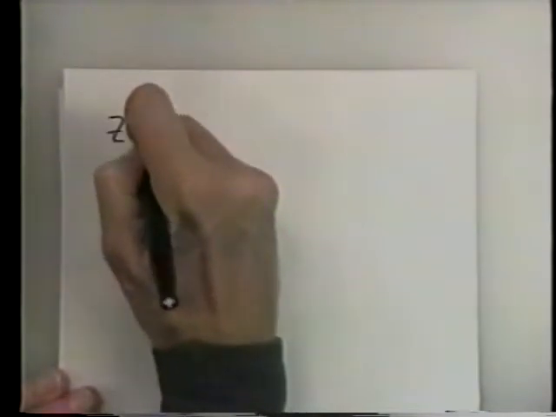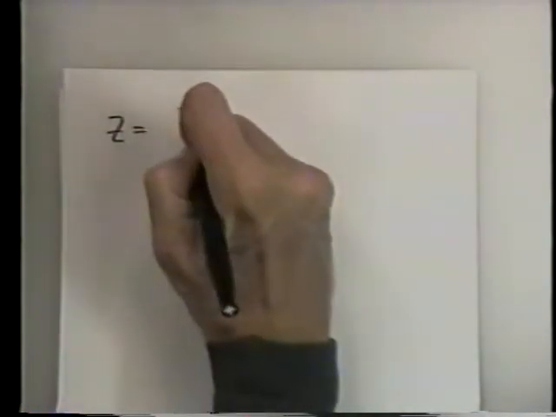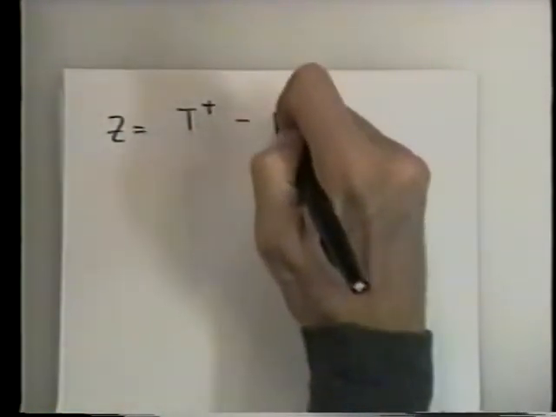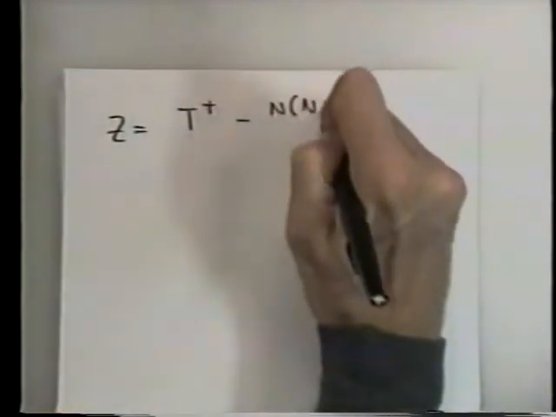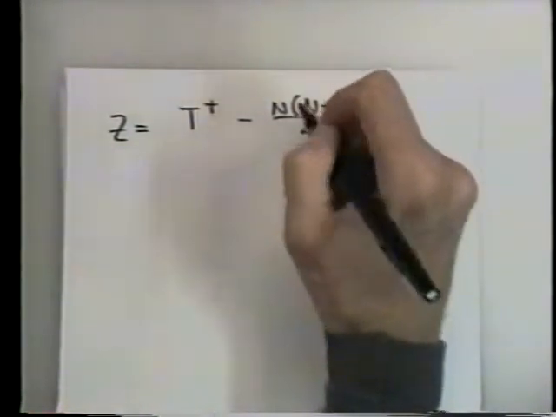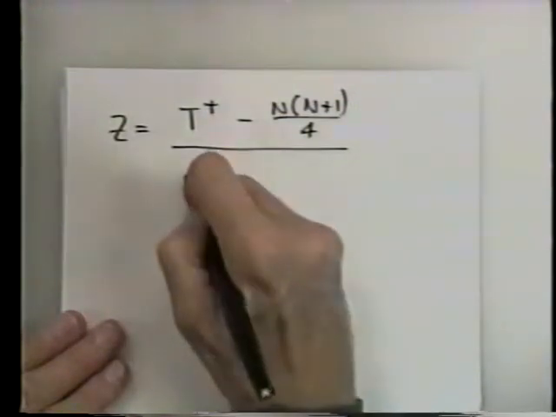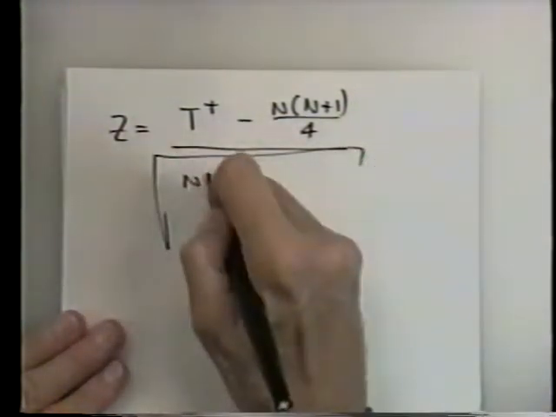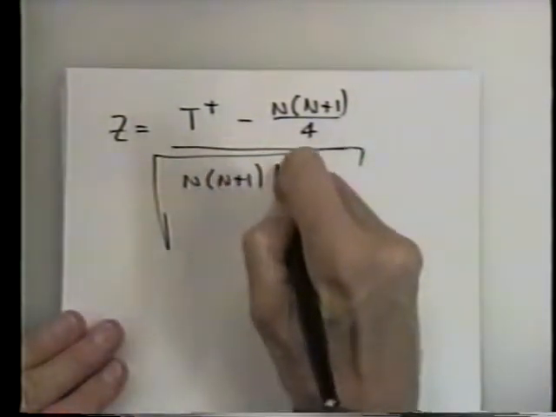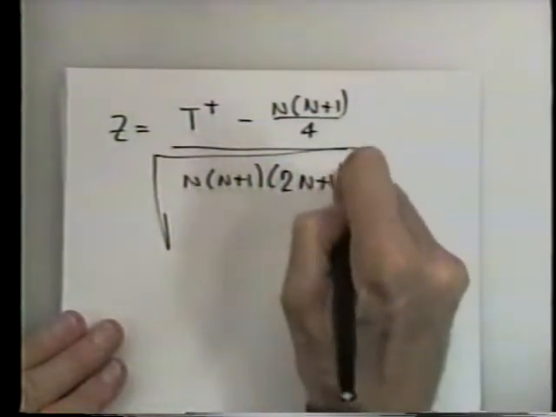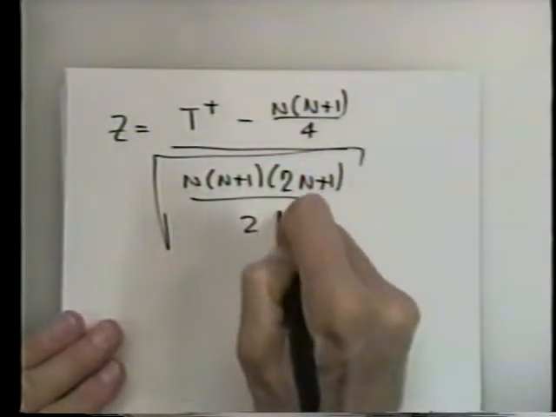Now, there's an asymptotic form for this statistic, and the asymptotic form is that z equals T plus, the statistic, minus n times n plus 1 over 4, divided by the square root of n times n plus 1 times 2n plus 1 divided by 24.